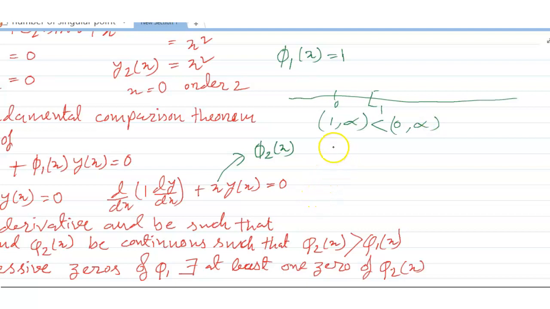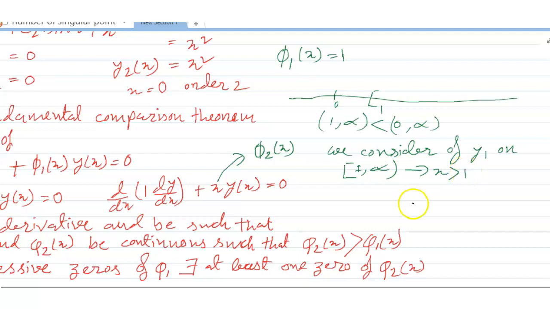We consider y1 on (1, infinity), that implies x greater than 1, and in here phi 2(x) is greater than phi 1(x); obviously phi 2(x) is equal to x and phi 1(x) equals 1.